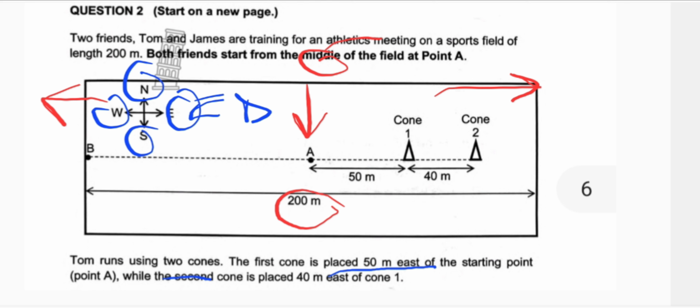You must never ever smoke weed. So this person, which is Tom, runs using two cones. The first cone is placed 50 meters east of the starting point. There is the first cone, while the second cone is placed 40 meters east of cone 1. So there are the two cones that Tom runs between here.